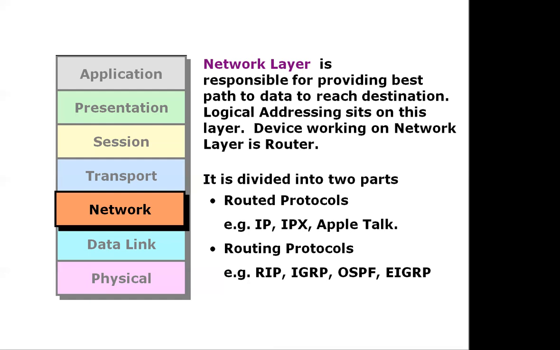For example, I want to send a letter to you, Dario. Then I will check your address and I will write my address on that letter. So the postman will help the letter reach you. So a routed protocol is used to transfer the data traffic, but a routing protocol is used to transfer the data as well as find the best path for data to reach its destination.